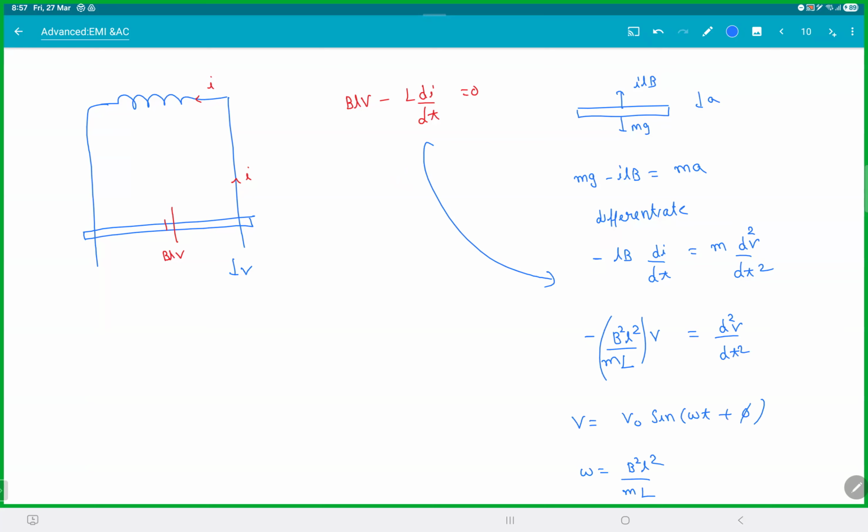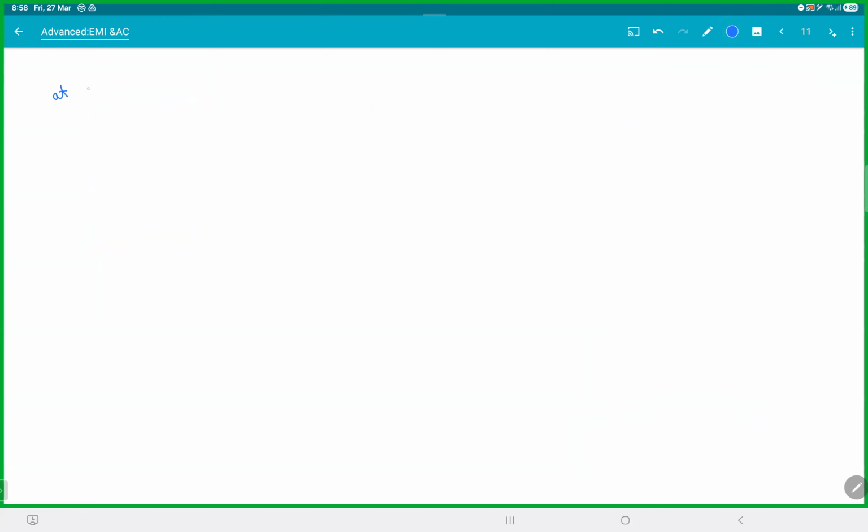Perfect. I need to find v naught. I need to find phi. So think about this motion. Basically, this will be your SHM here. So what are the initial conditions? At t equal to 0, velocity is equal to 0. So the phase angle will be 0. At t equal to 0, current is 0. Therefore, acceleration will be equal to g.